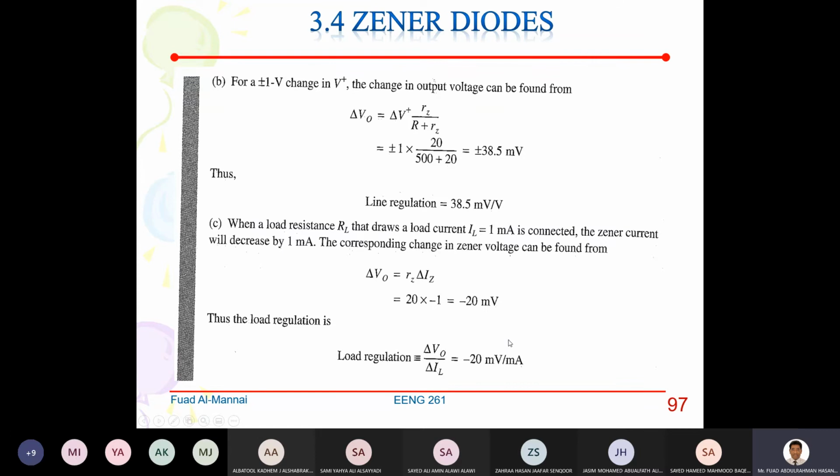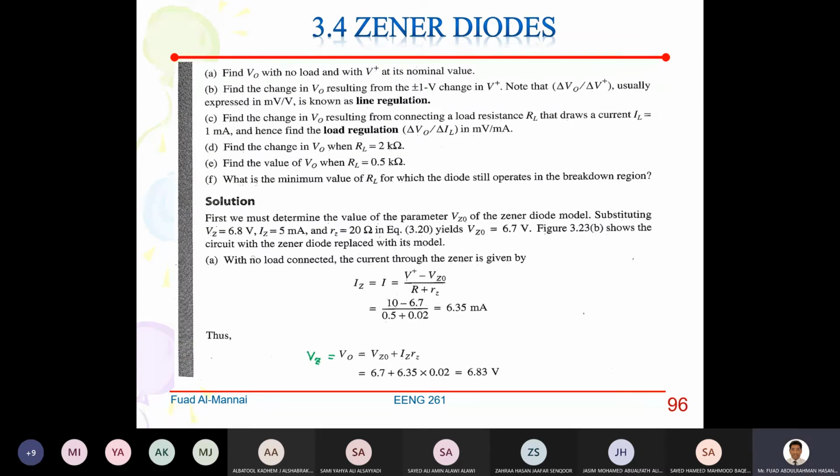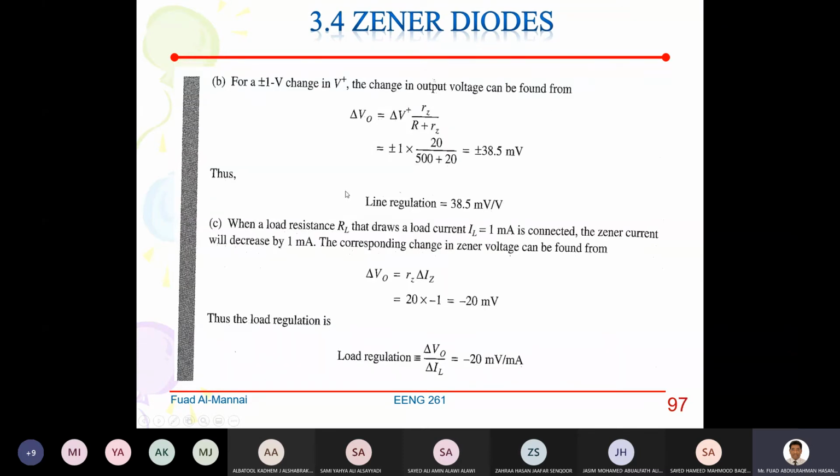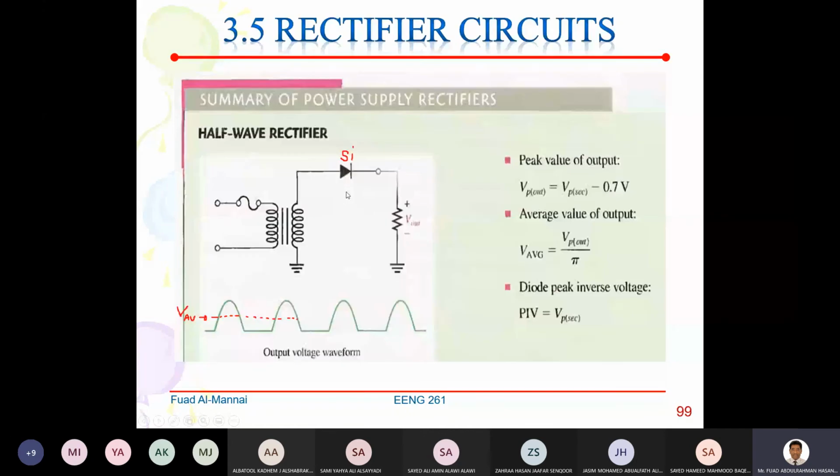Any questions? Okay, now questions D, E, and F are the same. Just go over them at home and do the same thing. We'll leave them for you to go over.